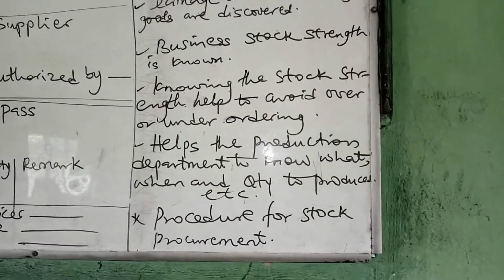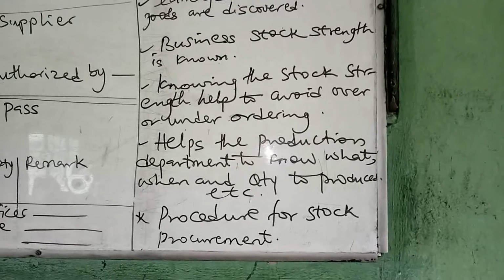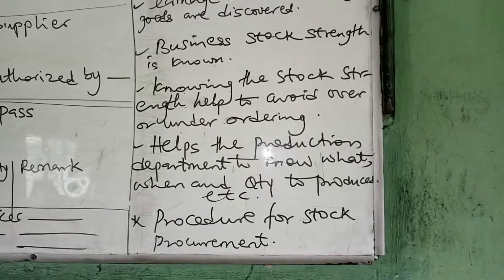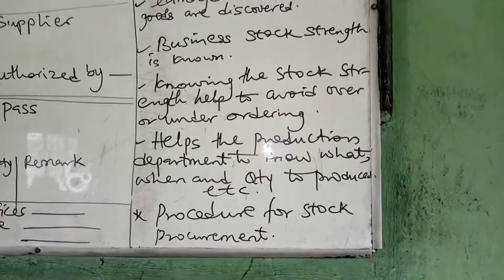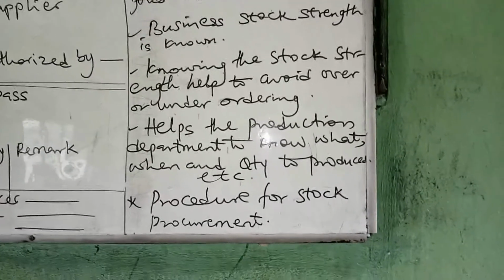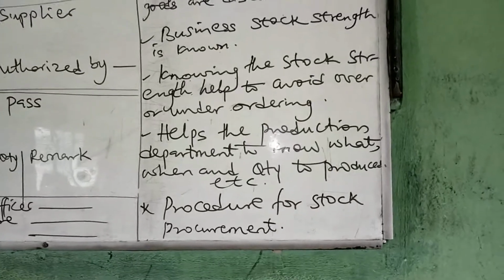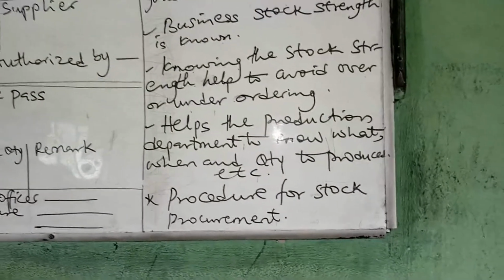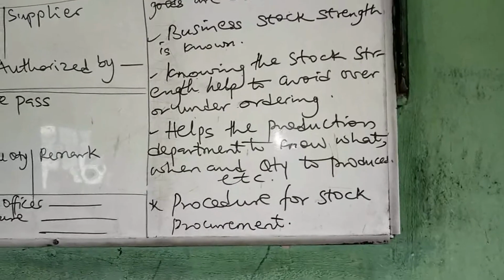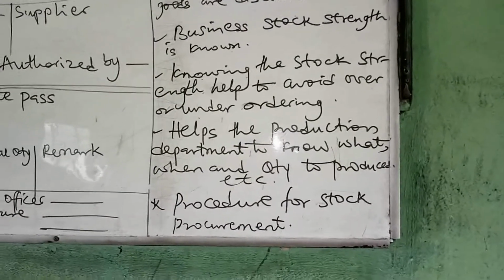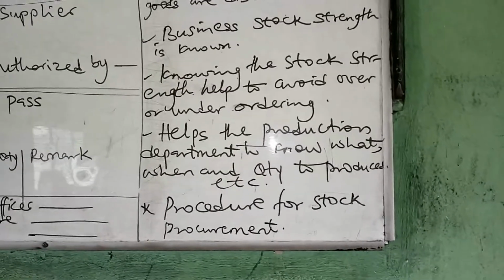Another one is that it helps the production department to know what to produce, when to produce, and the quantity to produce. Then, stock taking helps the business to know if the business is making profit or not. Once they do the stock taking, they will know whether they are making profit or not.